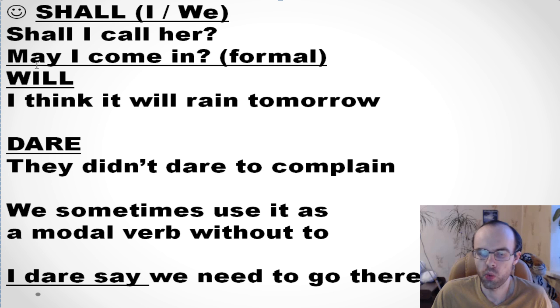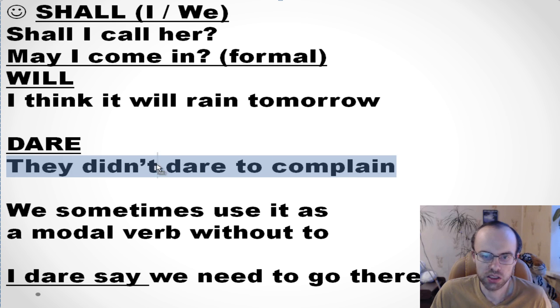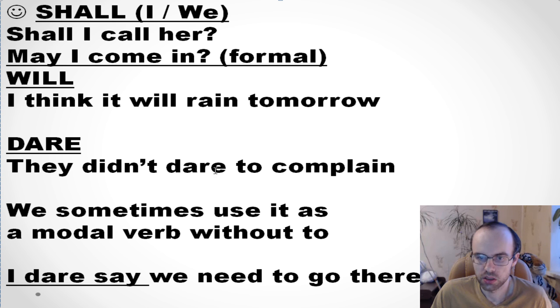We mostly use will in modern English. And dare, we sometimes use it. I mean that this verb isn't so common, but we often see it in negative sentences. And it's an ordinary verb. They didn't dare to complain. It means that they didn't want to complain, or maybe they wanted, but they were not ready to do it. And we sometimes use it as a modal verb without to.